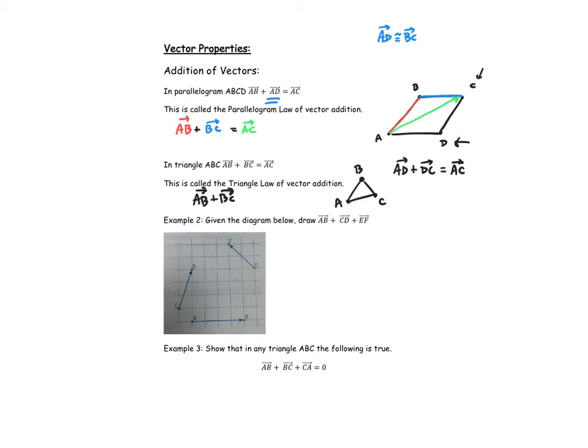Clearly, A to B plus B to C gives me a roundabout way to go from A to C. Now you'll notice that as you look at vector addition specifically, you're kind of jumping letter to letter. So A goes to B, B goes to C, therefore A goes to C. It's kind of like the transitive property of addition.